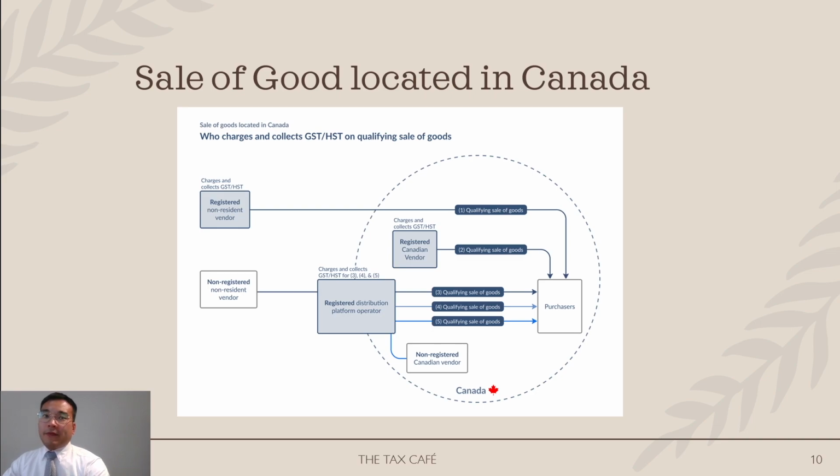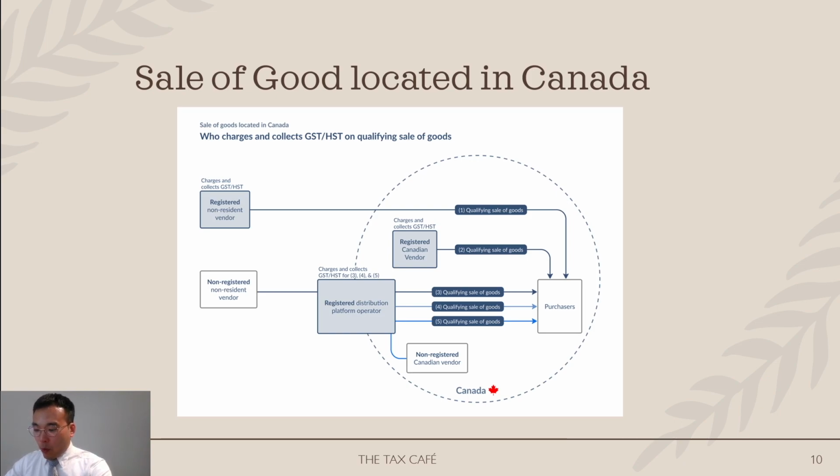If you're an Amazon seller, and your sales are for products coming from fulfillment centers located in Canada and provided to final consumers located in Canada, and your sales do not exceed $30,000 and hence you're not registered for GST and HST, then it becomes Amazon's responsibility to be registered for GST and HST and remit that on your behalf.